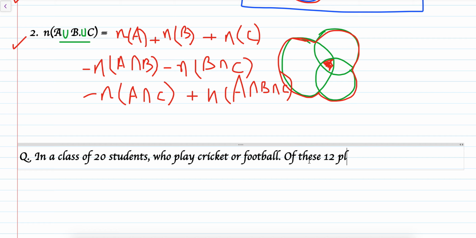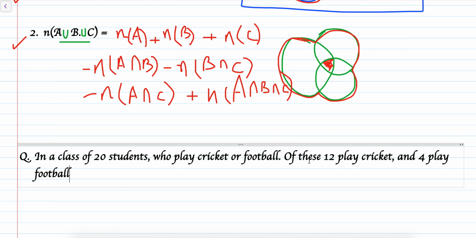Of these, 12 play cricket and 4 play football and cricket both. So the class has 20 students who either play cricket or football, and out of these 12 play cricket and 4 play both cricket and football.